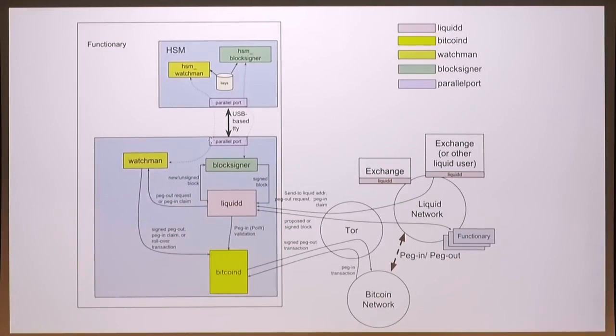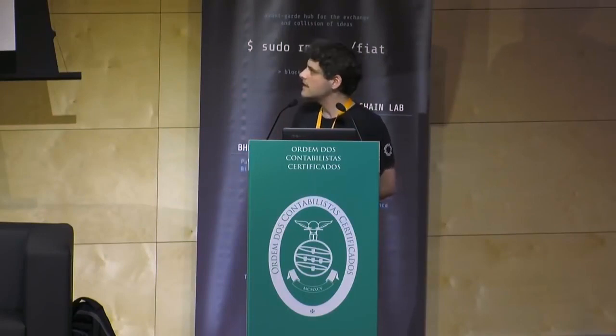Both Bitcoin D and Liquid D connect through Tor, so that functionaries cannot be easily found, because that's a risk. If you identify where the functionaries are, if they had an IP, you could DDoS them or denial of service attack them, or you could even go physically there and try to hack it.